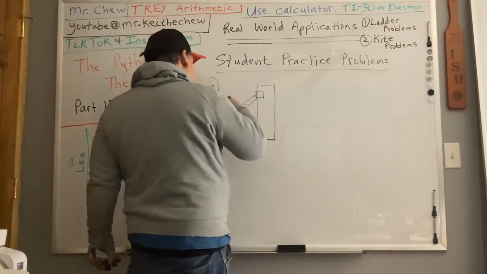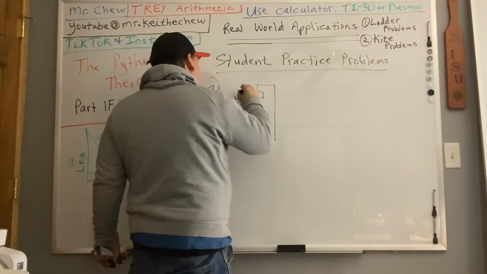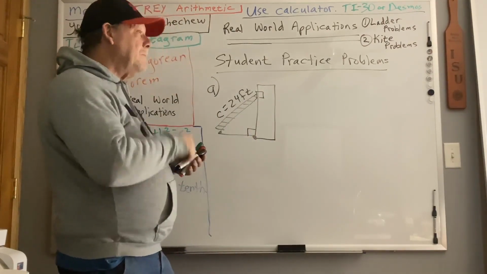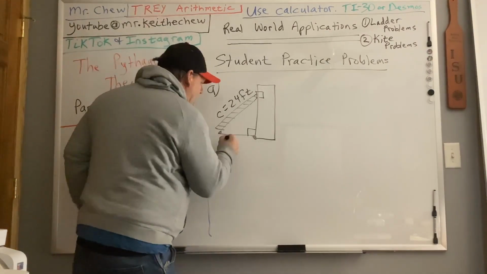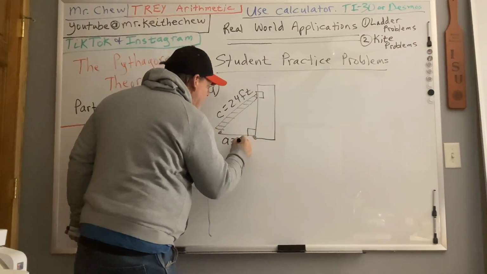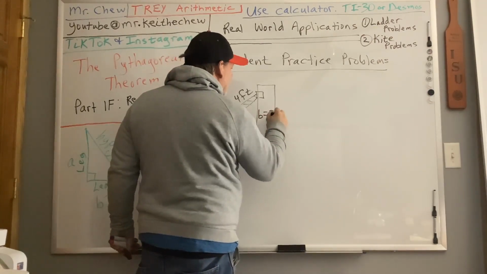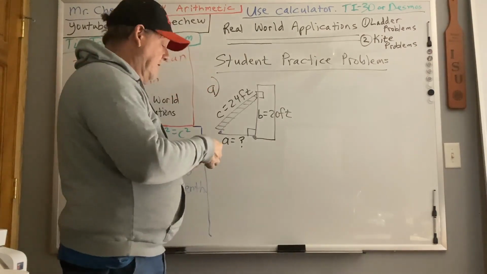We know that the ladder is my C, and it's 24 feet long up to that window. That's how much it's been extended to get up there. I don't know what A is, so I want you to find that. And I know that B is 20 feet. Round that to the nearest tenth.